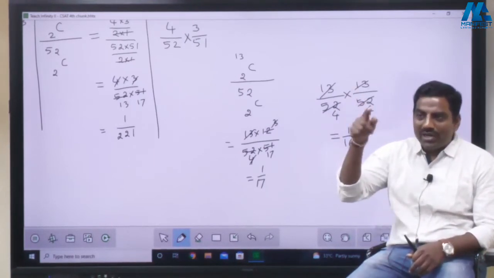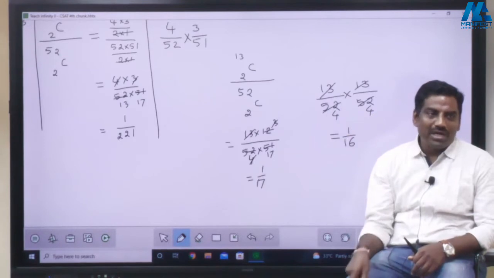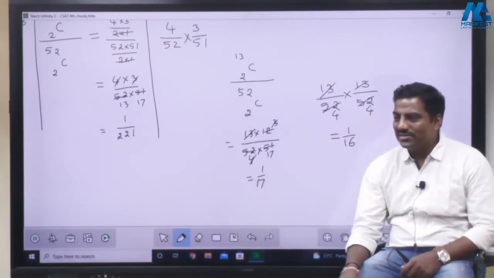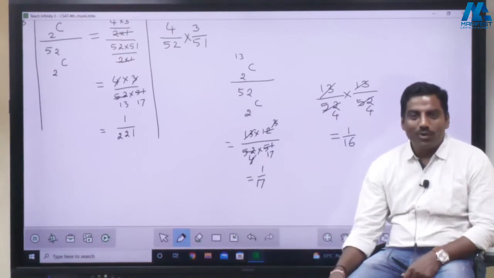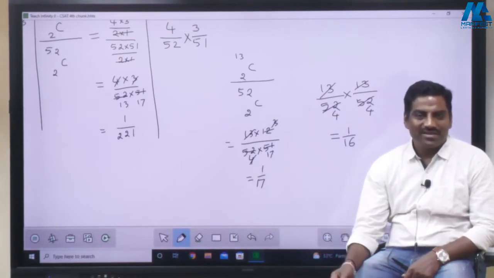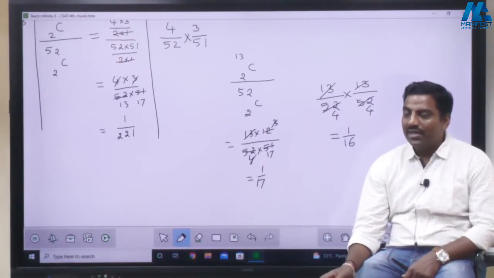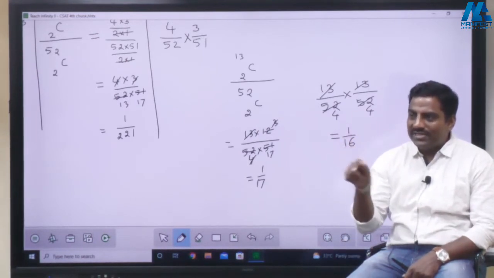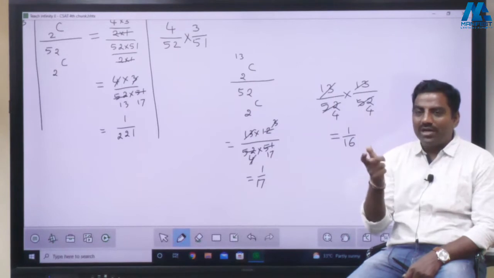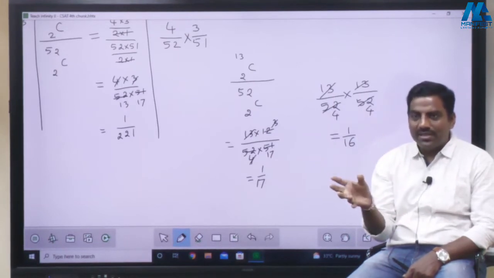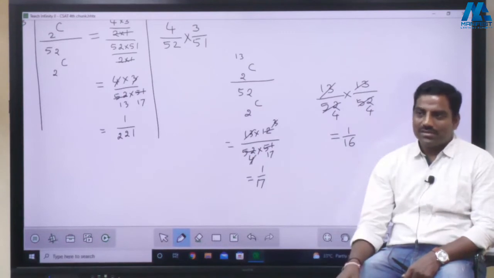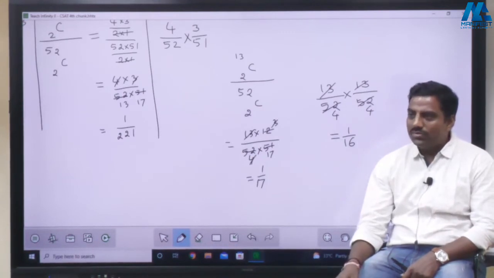In the numerator also you are writing C2, in the denominator also you are writing C2. They will not go to 3 cards for sure. If at all they go, then C3. In the denominator you are writing 52 C3, and in the numerator you are deciding case by case and writing those many C3. That's it. Simple. No issue.